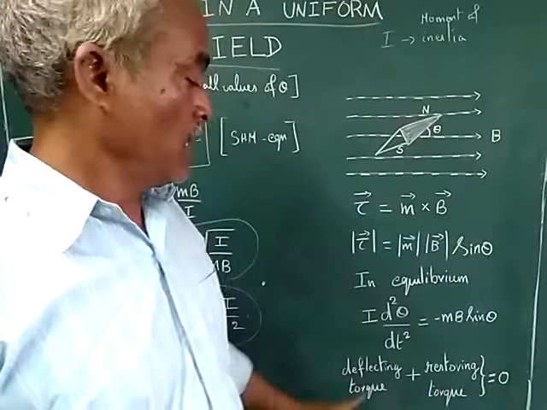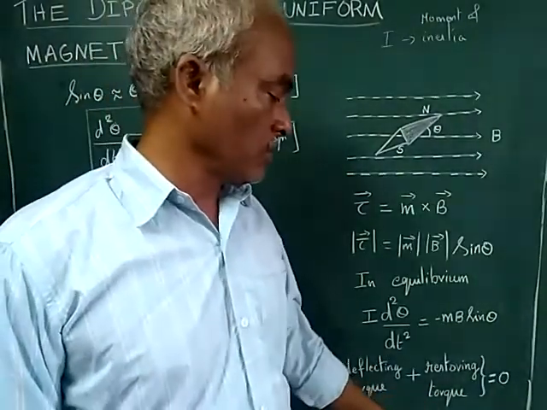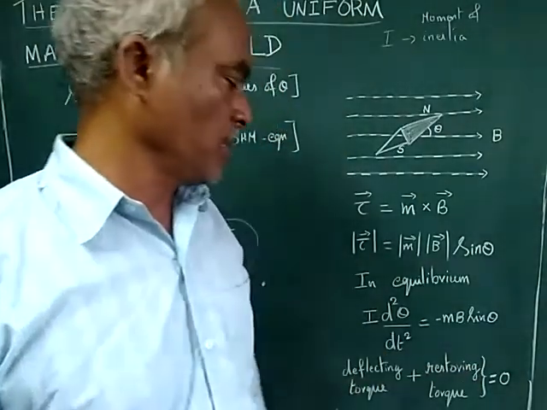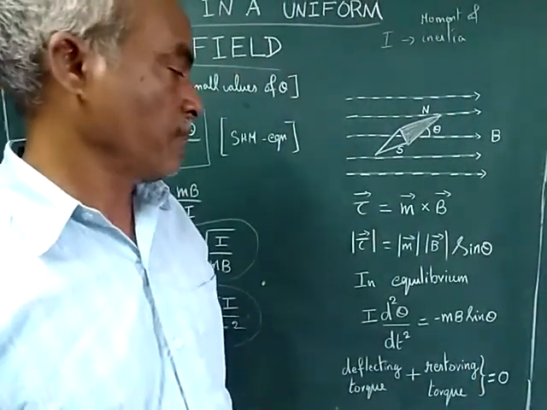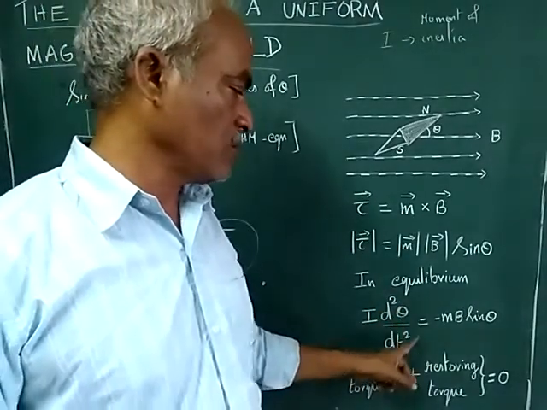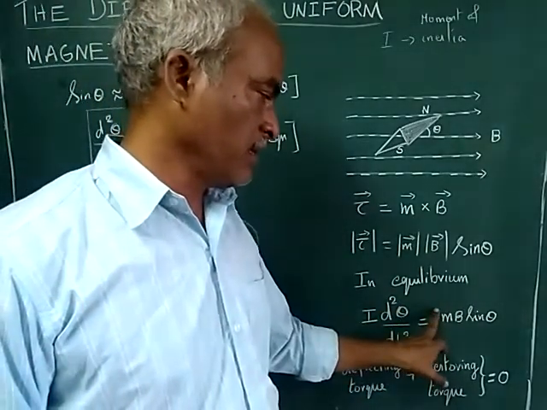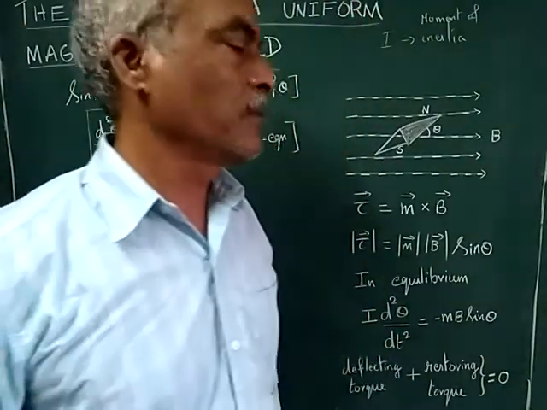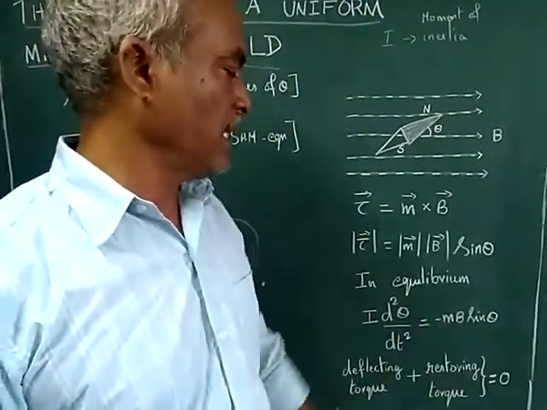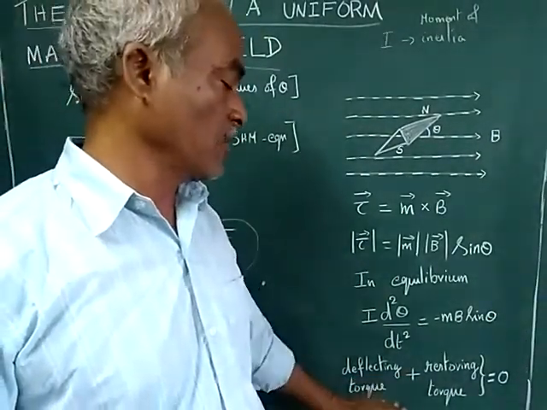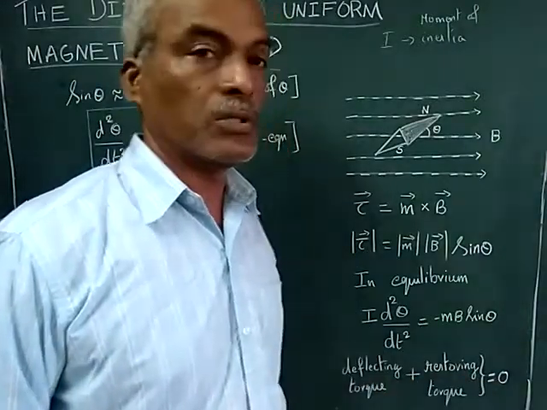That means deflecting torque is equal to minus restoring torque, or restoring torque is equal to minus deflecting torque. So the restoring torque I d square theta by dt square is equal to minus mB sin theta, where mB sin theta is the deflecting torque produced. The minus sign indicates it is in the opposite direction. Therefore, deflecting torque plus restoring torque is equal to 0.